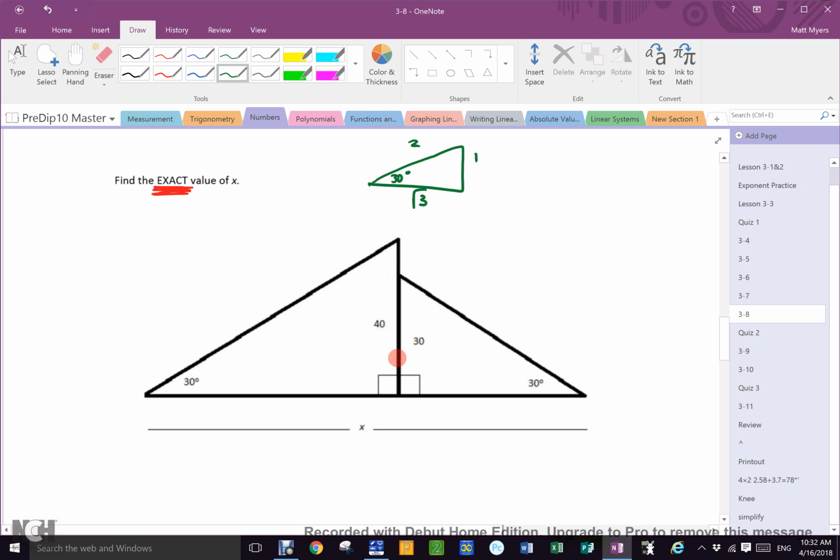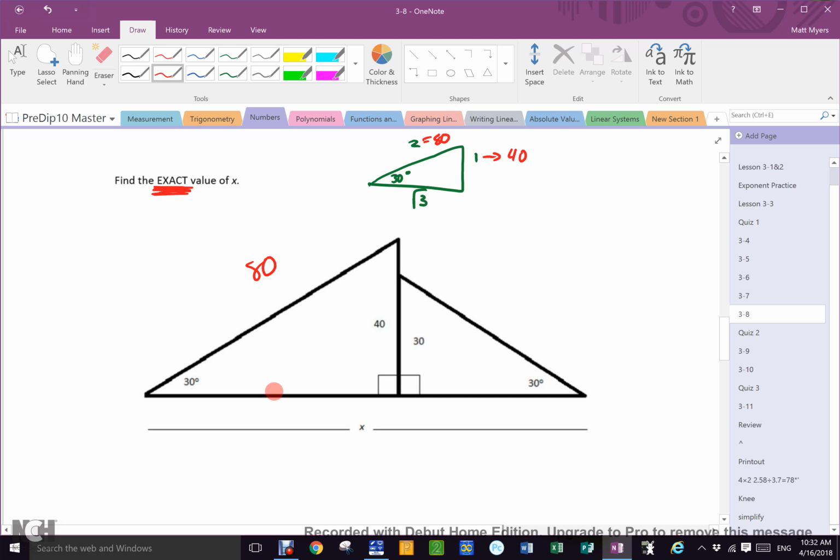So, this is now 40. So what would that make this? 40. They can't both be. What would that make this? 80. Right? So if that's 40, that's 80, correct?